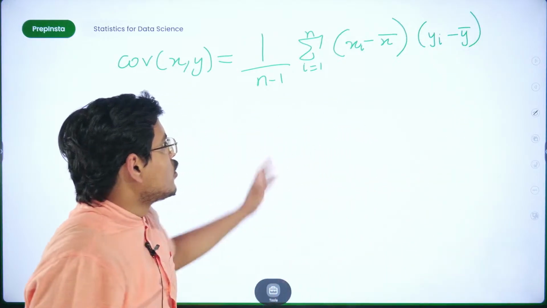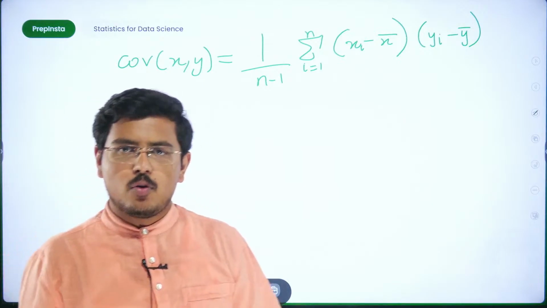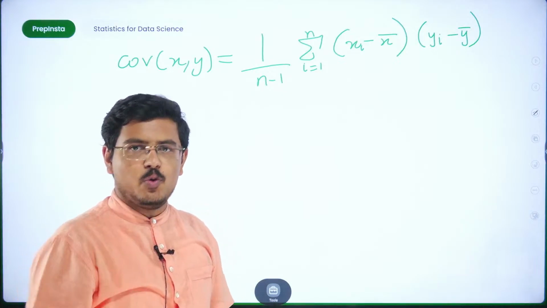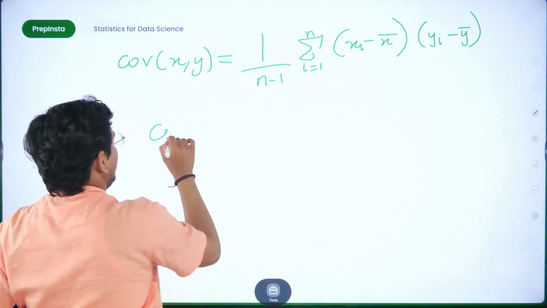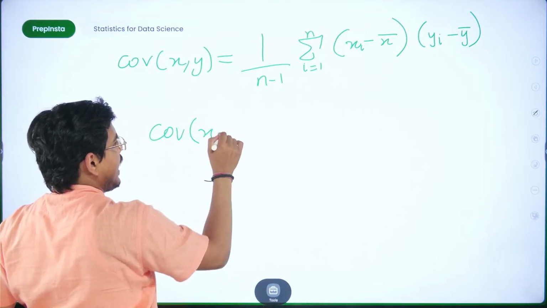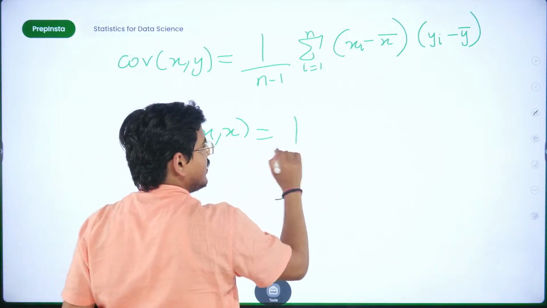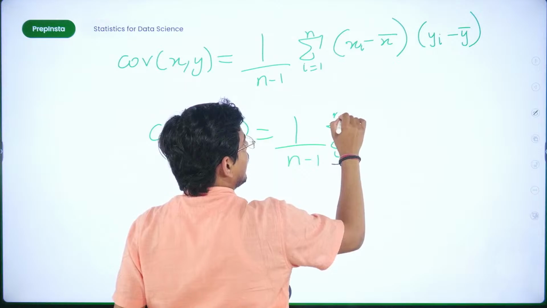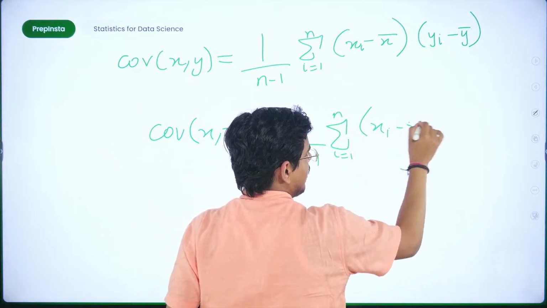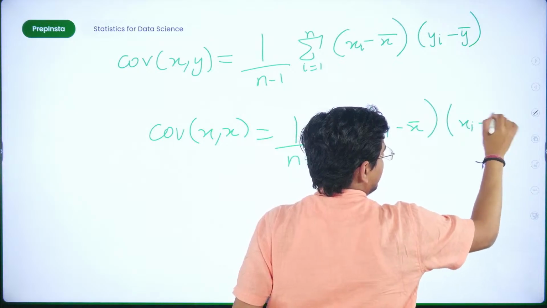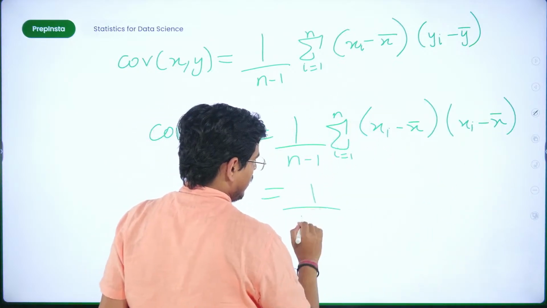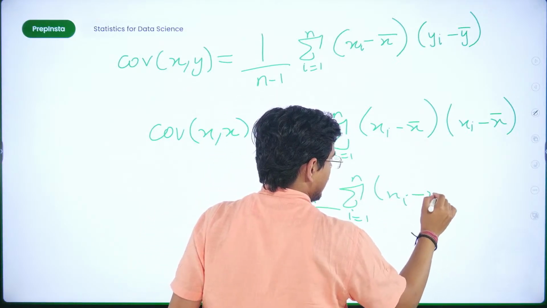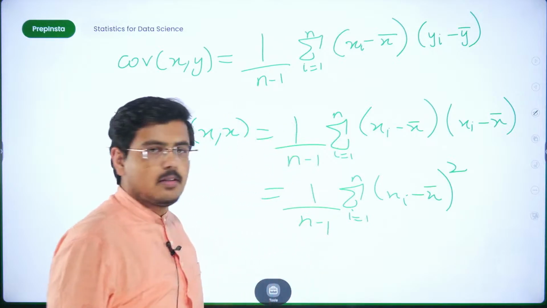That is primarily the formula for covariance. Now, have you seen a formula like this somewhere? If I try to find the covariance of x with respect to x only, it would look like 1 upon n minus 1 sum of xi minus sample mean of x, again times xi minus sample mean of x. Going further, this would be the sum of xi minus x bar whole square, isn't it?